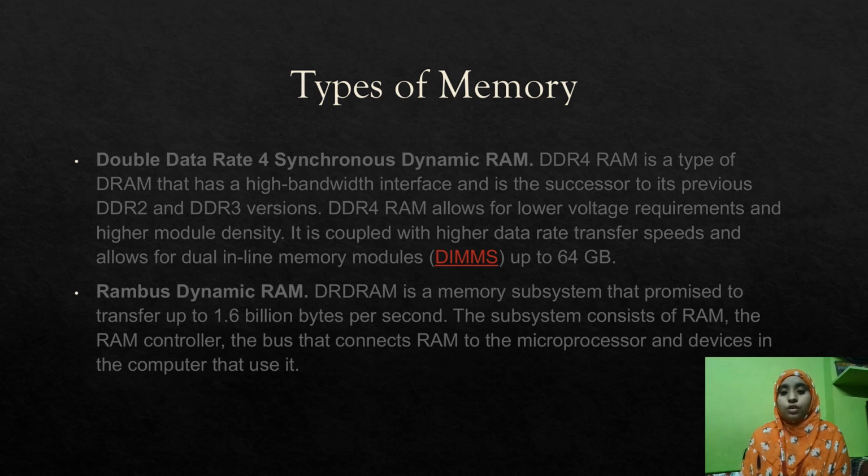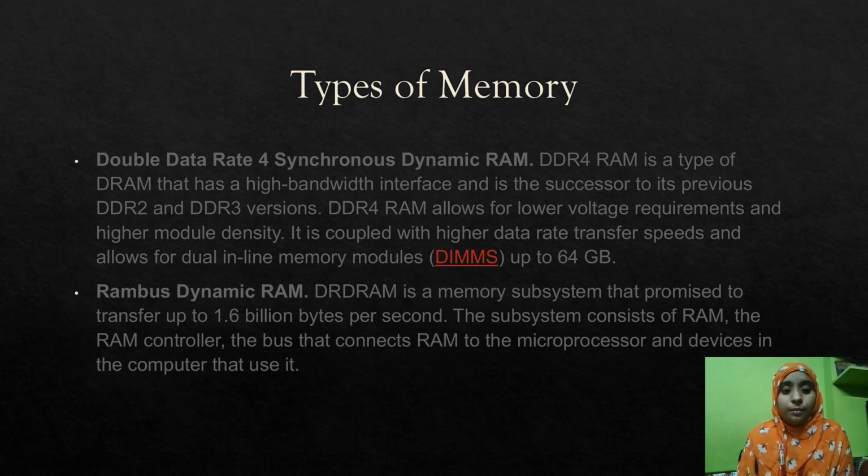DDR4 RAM allows for lower voltage requirements and higher module density. It is coupled with higher data rate transfer speed and allows for dual inline memory modules, DIMMs, up to 64 GB. Here DIMM indicates dual inline memory module.